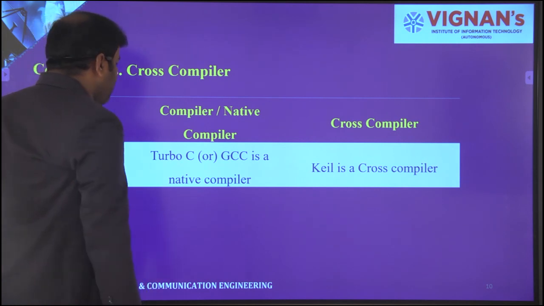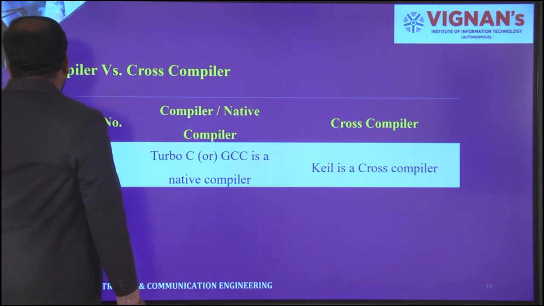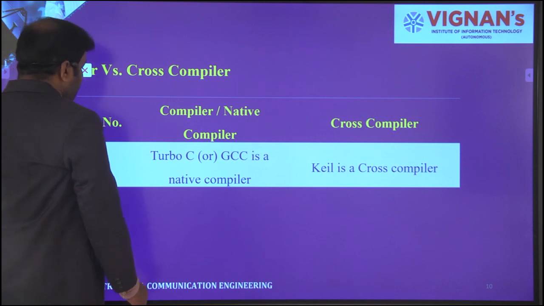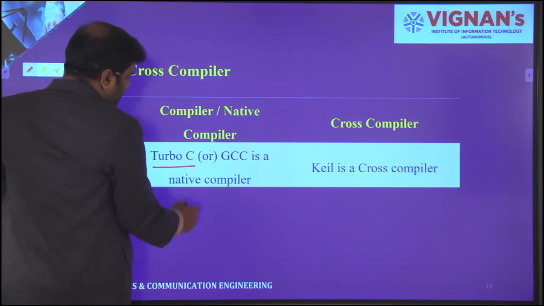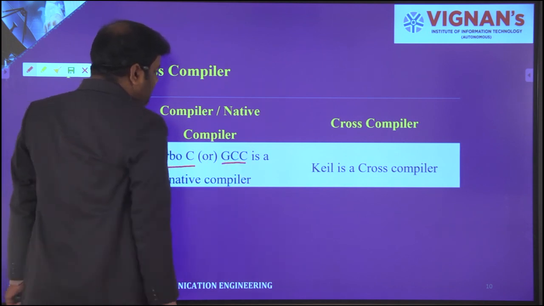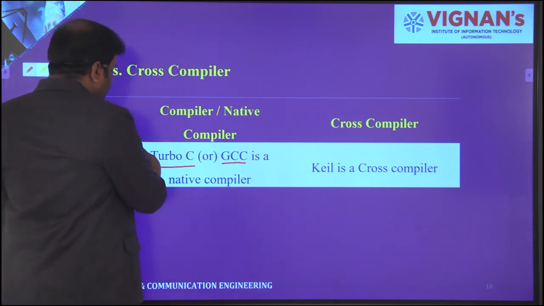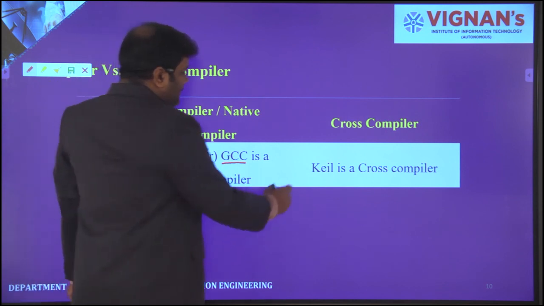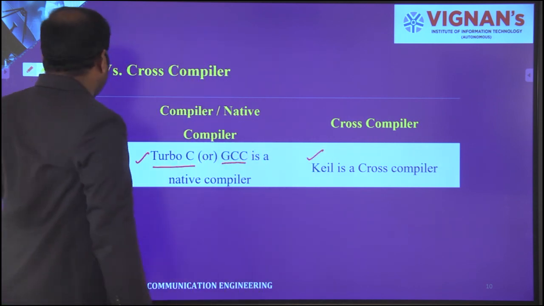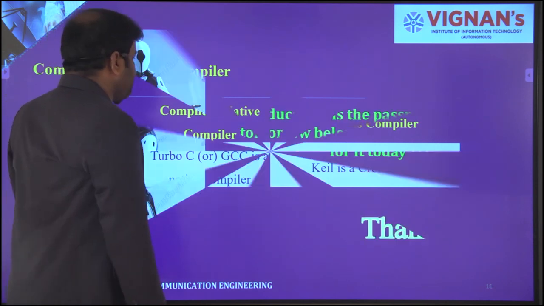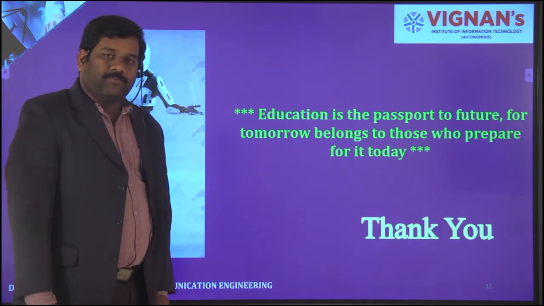I already told you, two types of compilers are available. First one is Turbo C and next one is C++. Turbo C and CPP are the native compilers, and Keil and Green Hills are the cross compilers. Thank you.